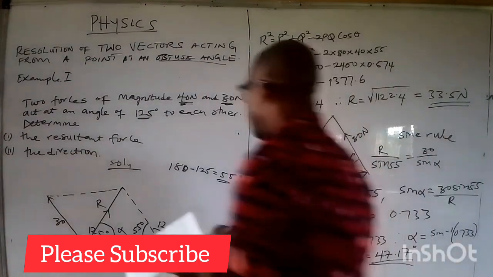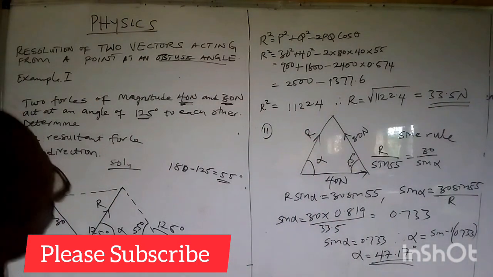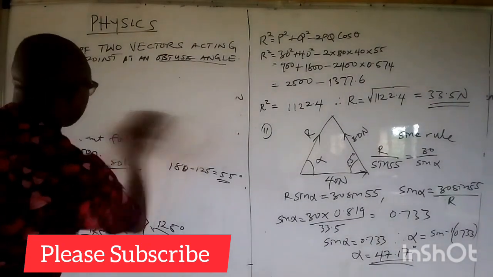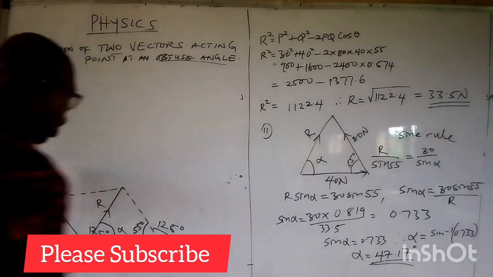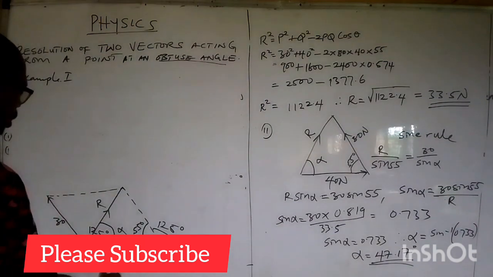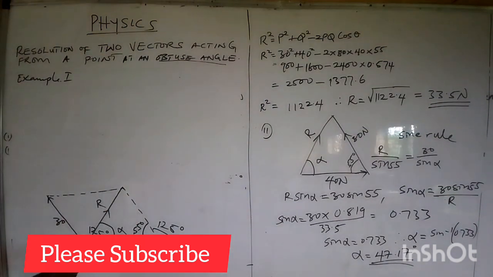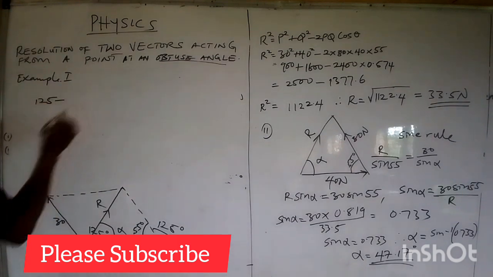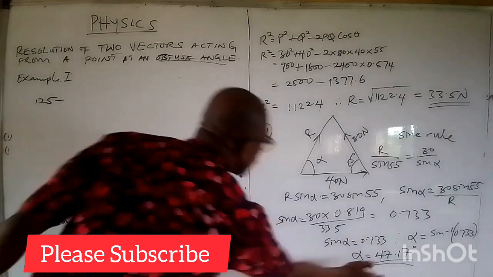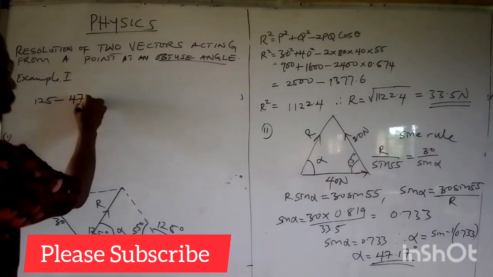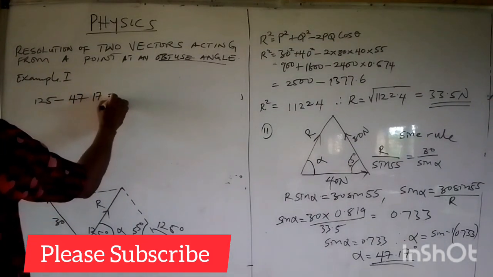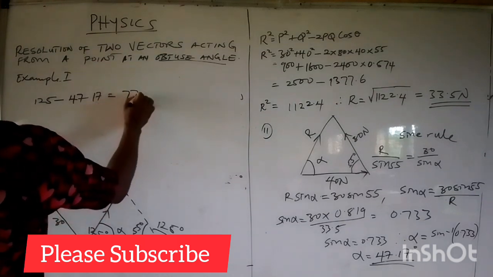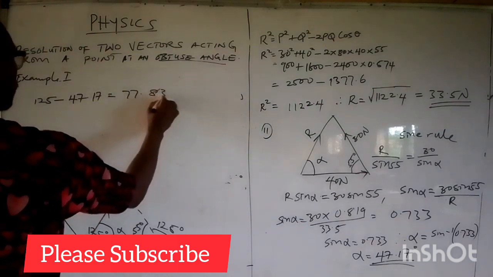Or we can say that since the angle given to us here is 125, you can say 125 minus 47.17 degrees will give us 77.83.